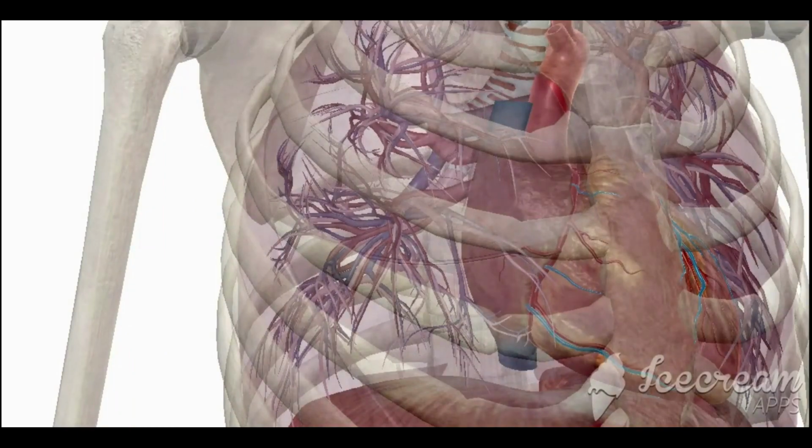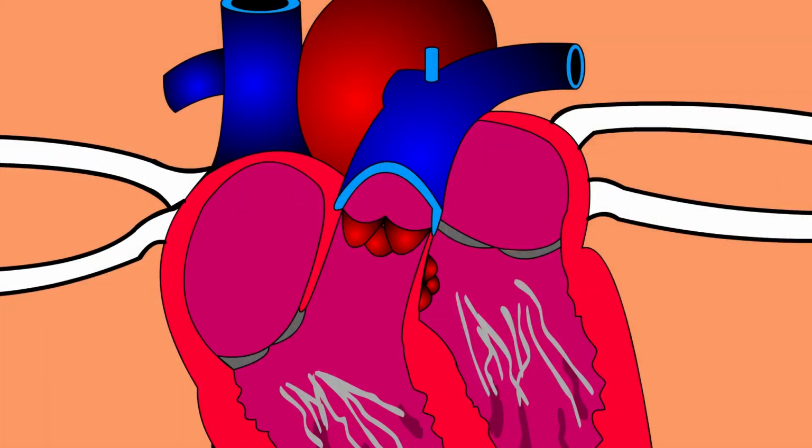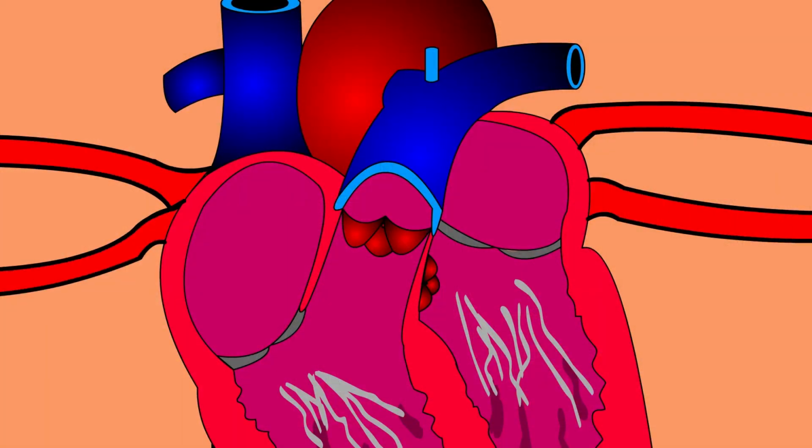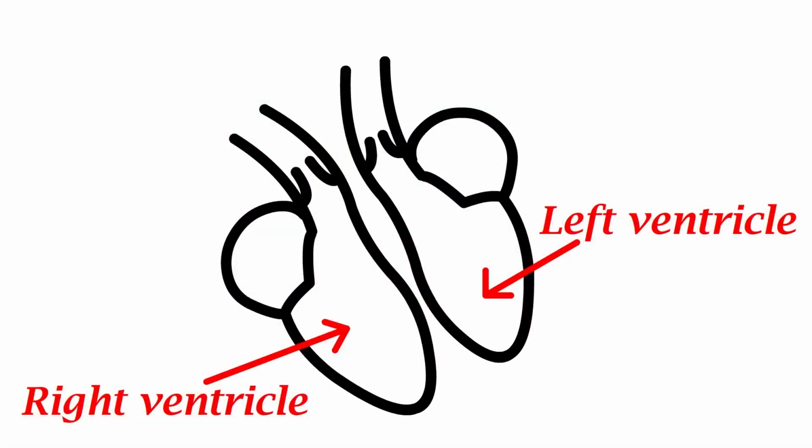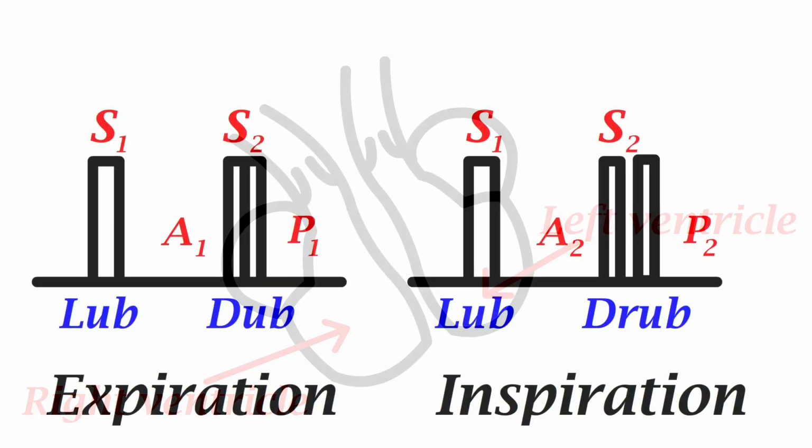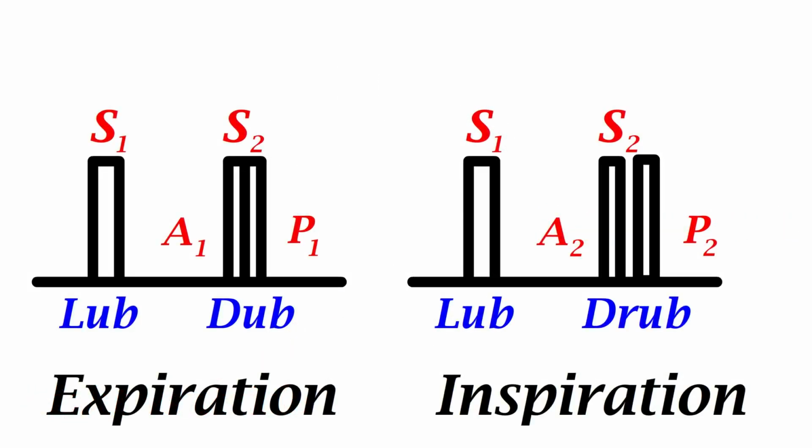So, some amount of blood remains in the lungs. So, pulmonary blood return to the left heart is slightly reduced. So, the right heart takes a longer time to eject the blood and the left heart finishes the ejection earlier. It produces the splitting in the second heart sound during inspiration.